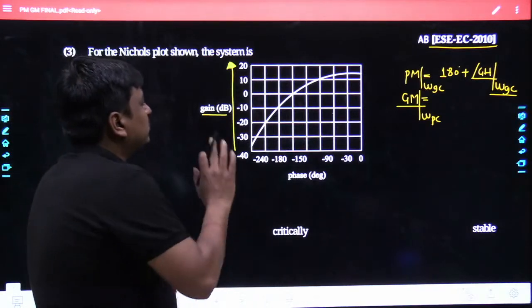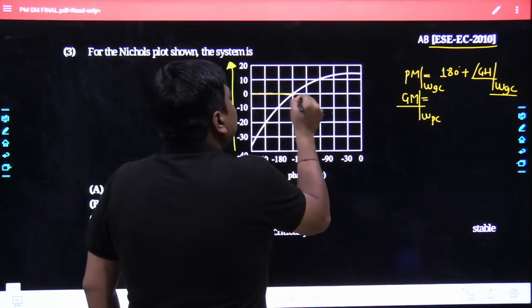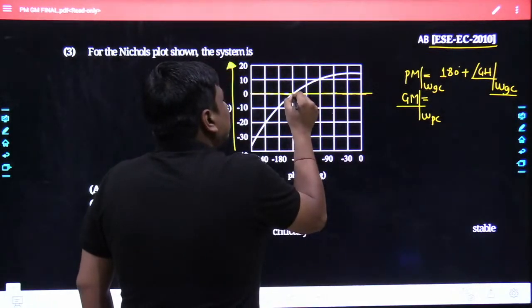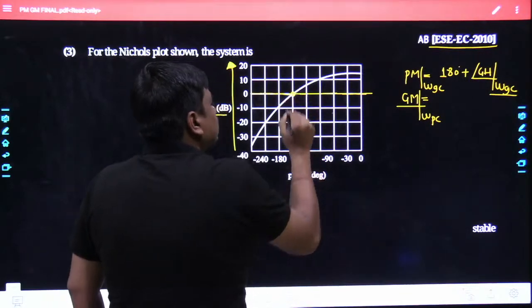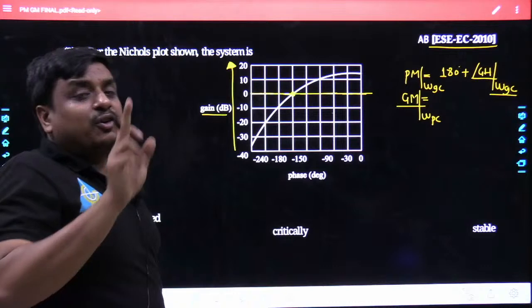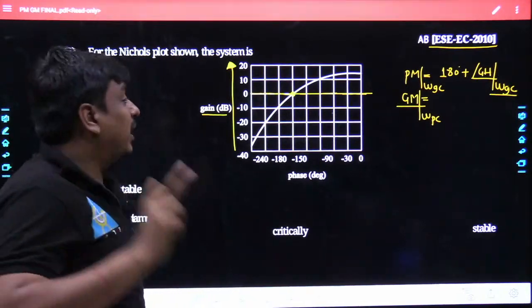See, first focus on the 0 dB line. You can see very well, this is the point where the gain offered by the OLTF is 0 dB. And precisely at that operating frequency omega gc, you need to calculate the angle offered by the system.